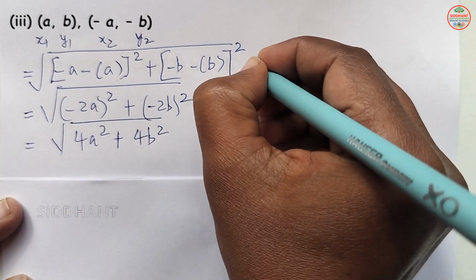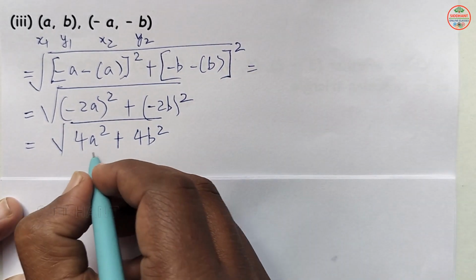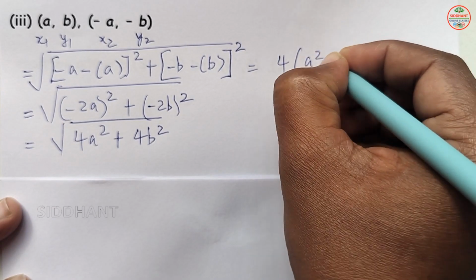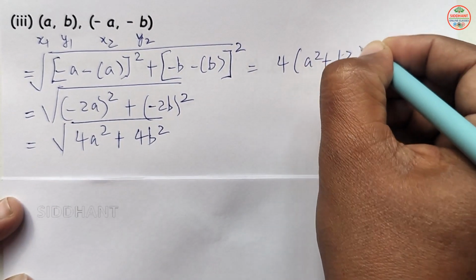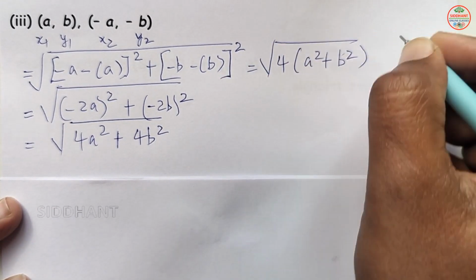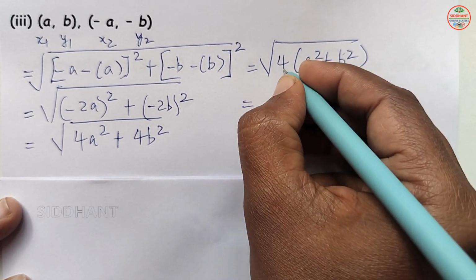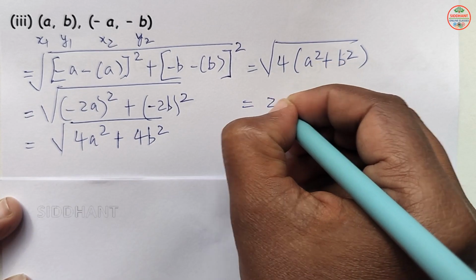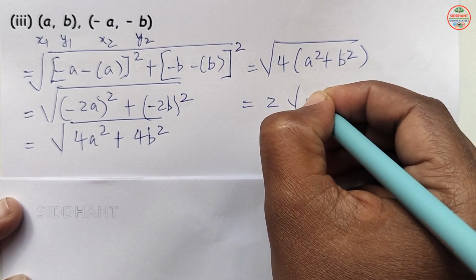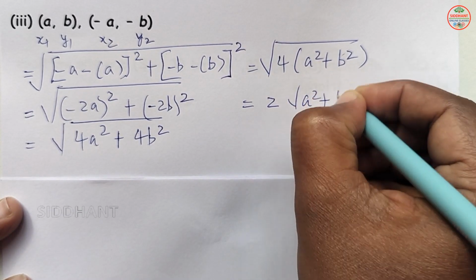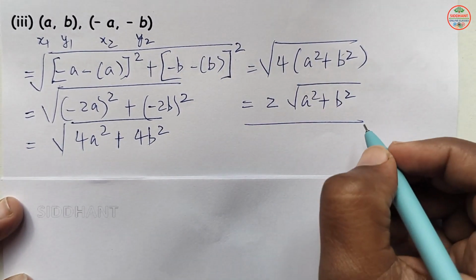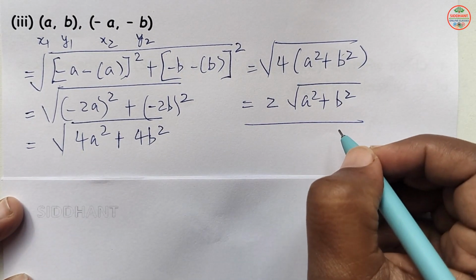Taking 4 common, the square root of 4 times (a square plus b square). The square root of 4 will be 2, and next the square root of a square plus b square. So this is the distance.